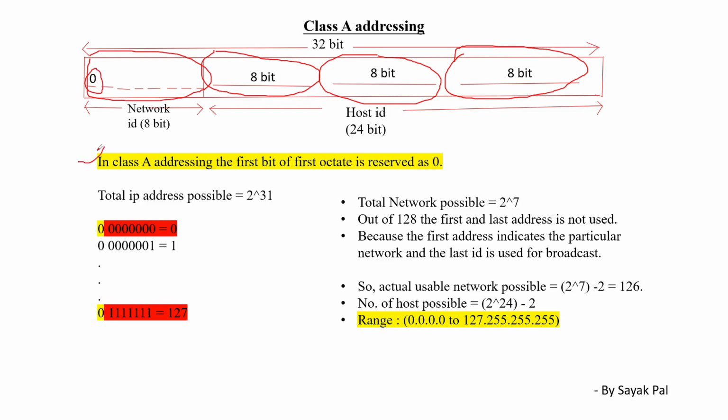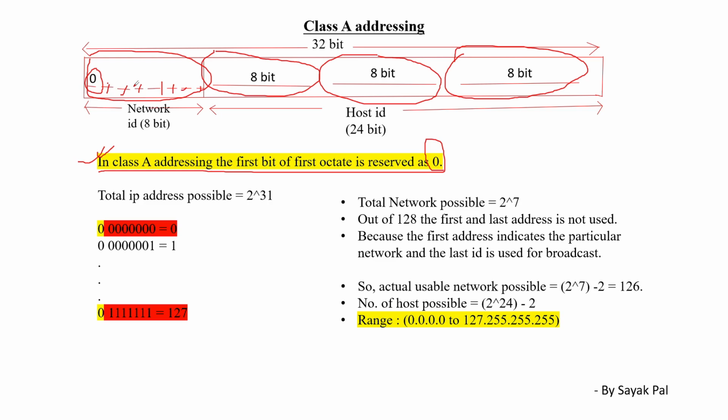That is clearly written here. Except for this first bit, the rest are 7 bits: 1, 2, 3, 4, 5, 6 and 7. We will play with these 7 bits.